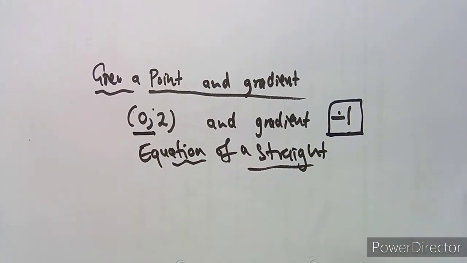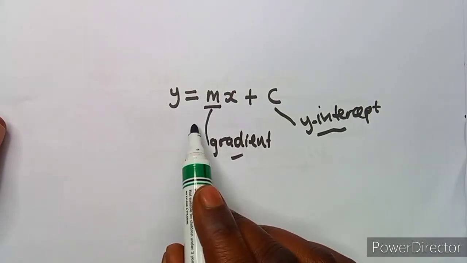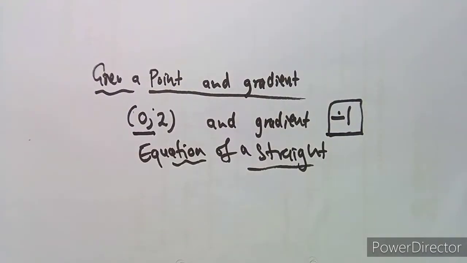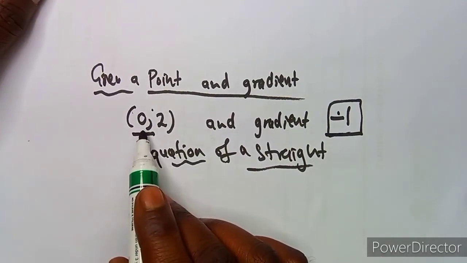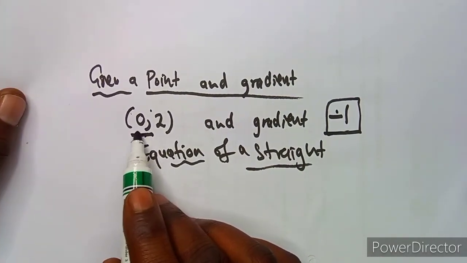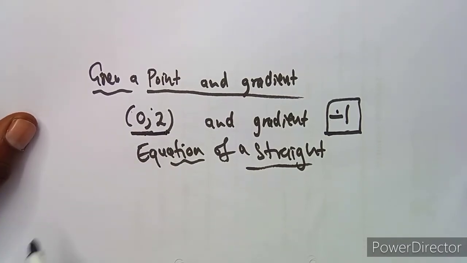All right, I'm going to use this formula here. Take note, the point that I'm given here is actually the y-intercept, the way that I've taken it, but I want you to know the concept that you are using.